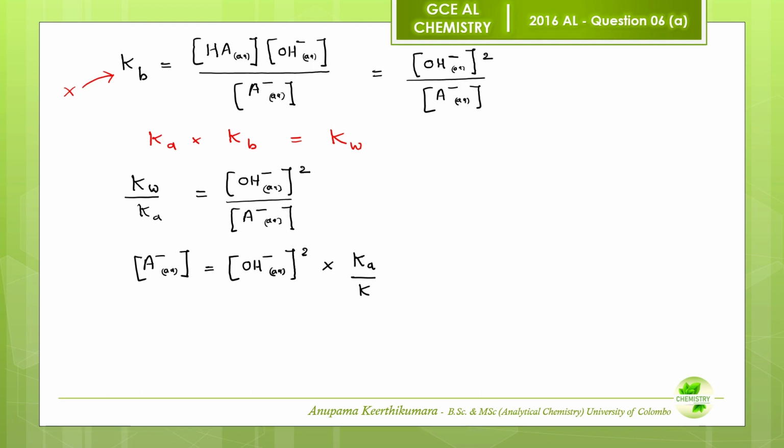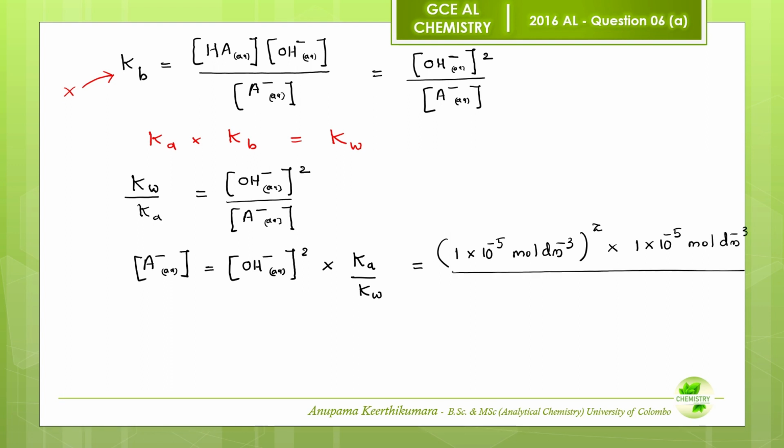Now, substitute values into this equation. The hydroxide concentration is 1 × 10^-5 moles per cubic decimeter. We calculated the OH minus concentration from the given pH value. Then, the value of Ka we calculated during the first question is 1 × 10^-5 moles per cubic decimeter.